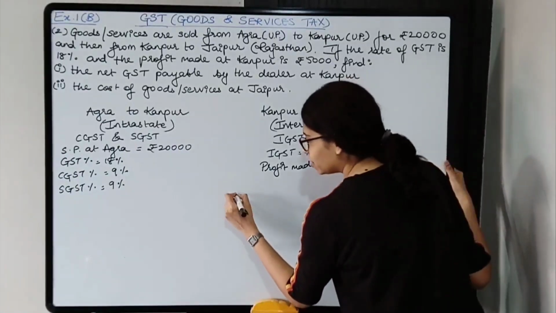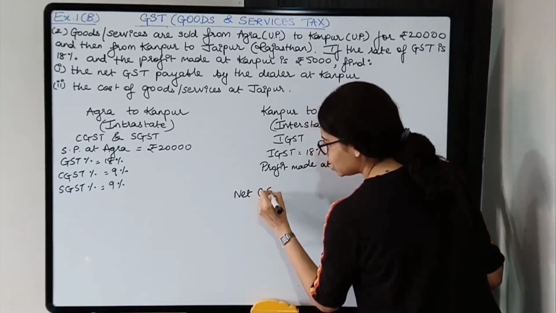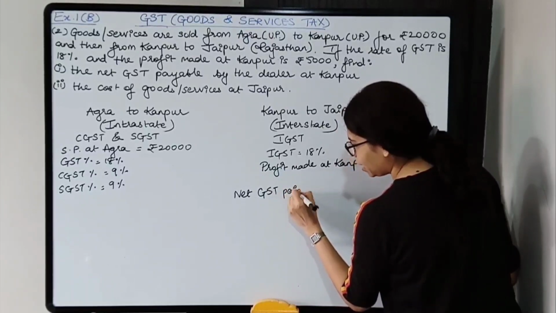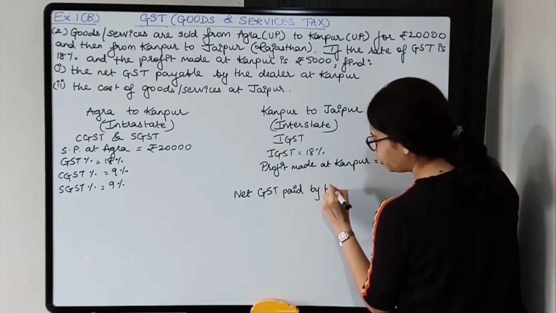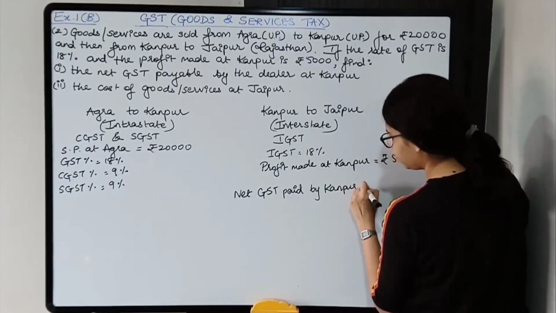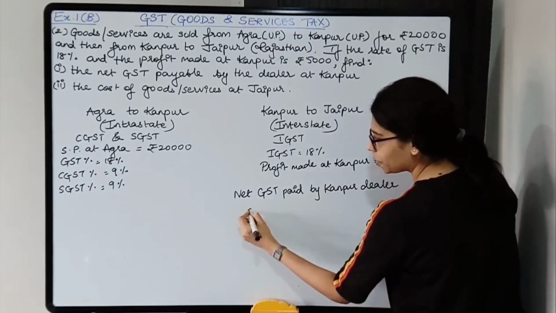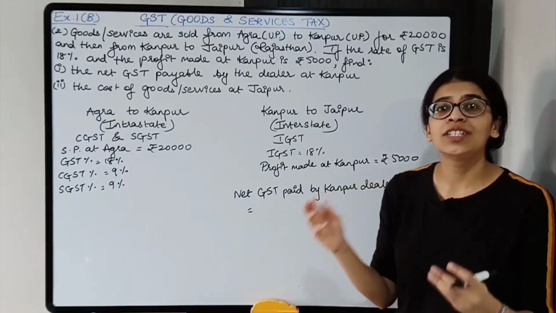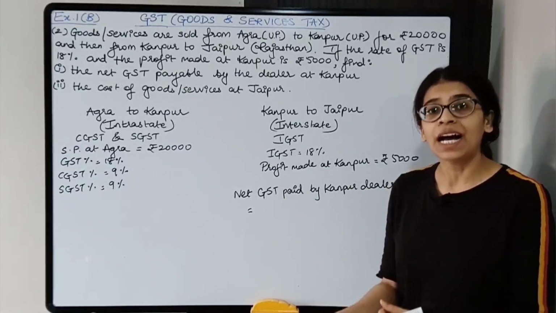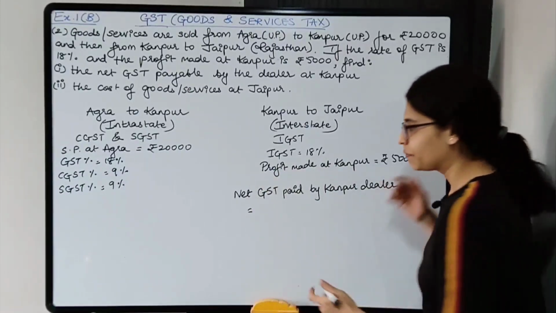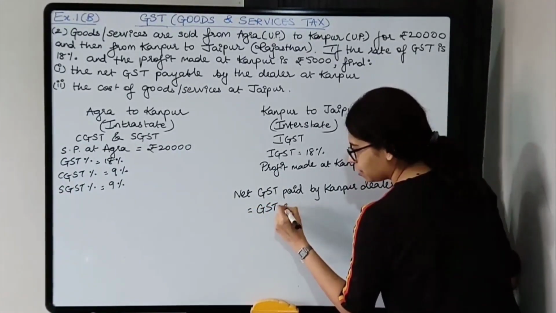So the net GST paid by the Kanpur dealer, it will be what? It will be the GST received minus the GST that he paid.